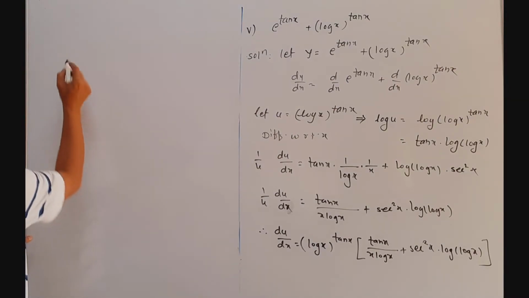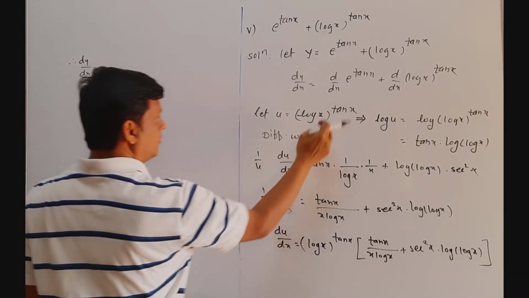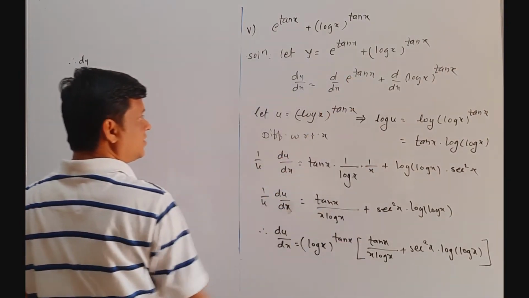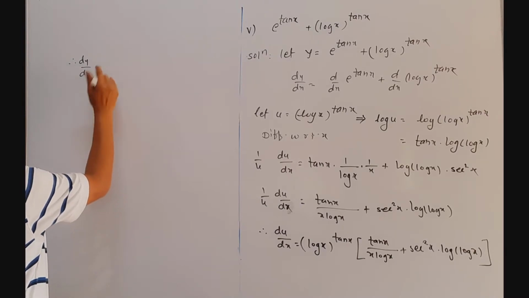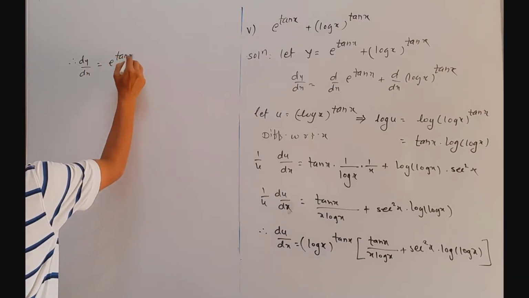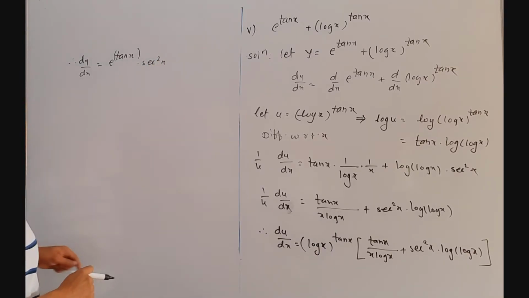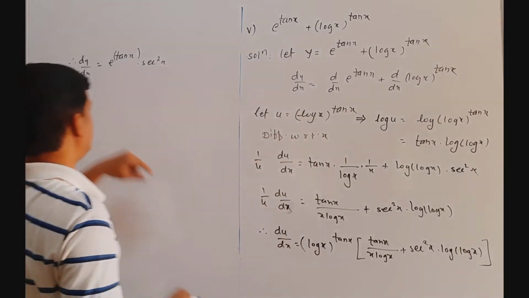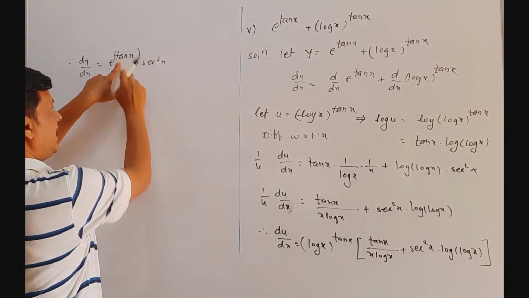So we write here, therefore dy by dx is equal to, so first we find the derivative of this first term. The derivative of e raised to the power tan x is e raised to the power tan x, then the derivative of this tan x is sec square x, because this is a composite function. So we apply the rule for e raised to the power x, then for this tan x.